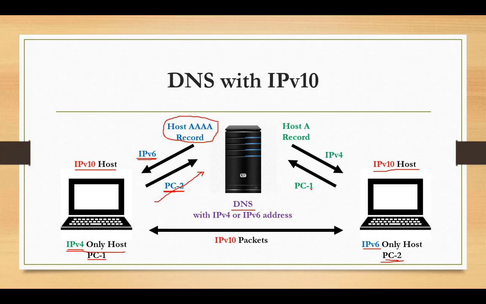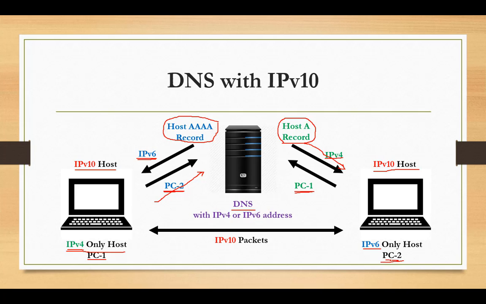The vice versa can occur, where PC2 is trying to communicate to PC1 using host names. So it will ask the DNS, I need the IP address of PC1. The DNS will search for the record it has for PC1 and find a host A record, and the reply will be an IPv4 address.